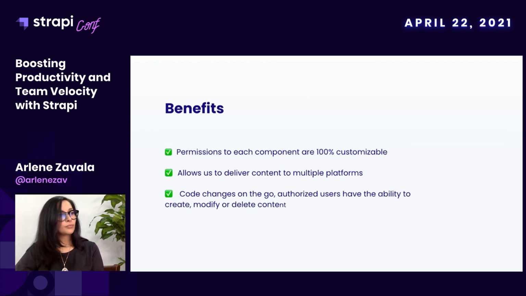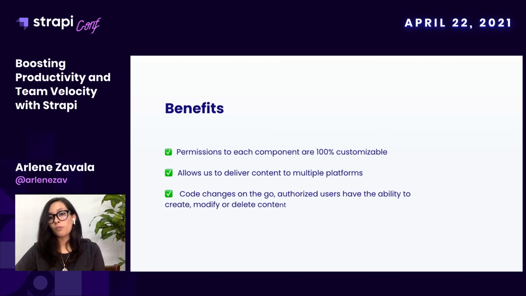Benefits. Permissions to each component are 100% customizable. As I said, we can limit them to edit, delete, modify specific components, not everything. So that is a safe way to work. It allows us to deliver content to multiple platforms.